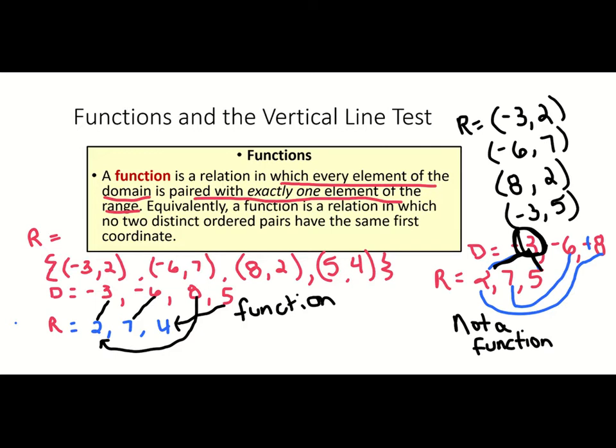No, we're not Harry Potter. We can't split ourselves in half. We can't send ourselves to 2 different places at once. So just think, your domain cannot have 2 different y values. It can only have one y value. It doesn't matter if every number in the domain has the same y value, but all your domain values have to be different in order for your relation to be a function.